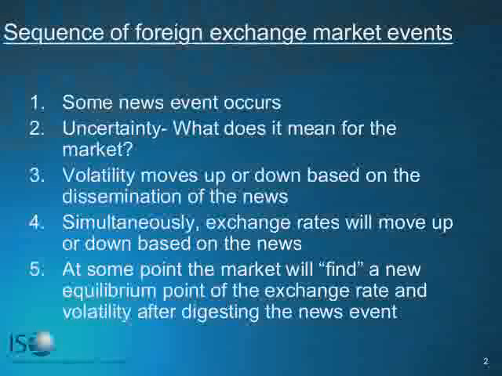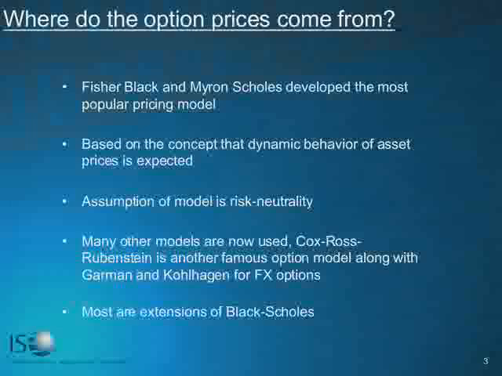And then how are the options going to move? Volatility is going to move up and down. Simultaneously, the exchange rates are going to move, and at some point, and Jason's going to talk about this, the technicals are going to find a new area of equilibrium. And of course, they're finding that each and every second, but sometimes it's very difficult to find that equilibrium, and that's why we see prices move up and down. So more on that in just a brief few moments.